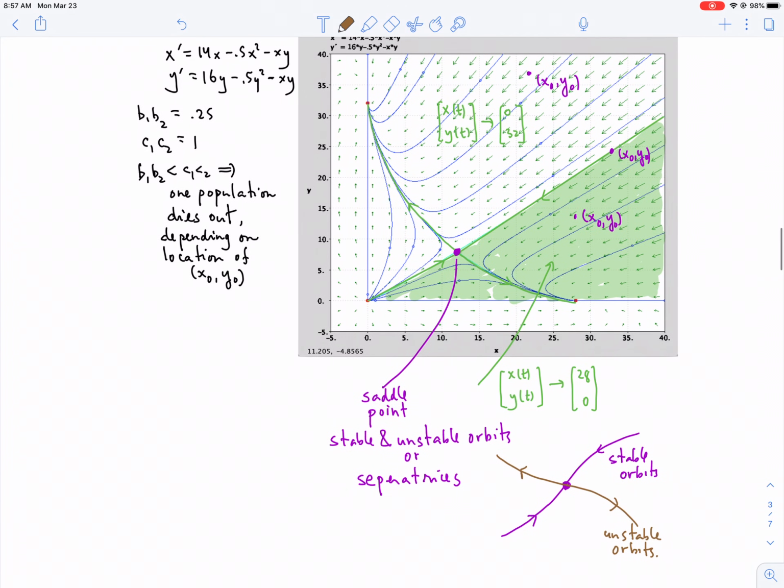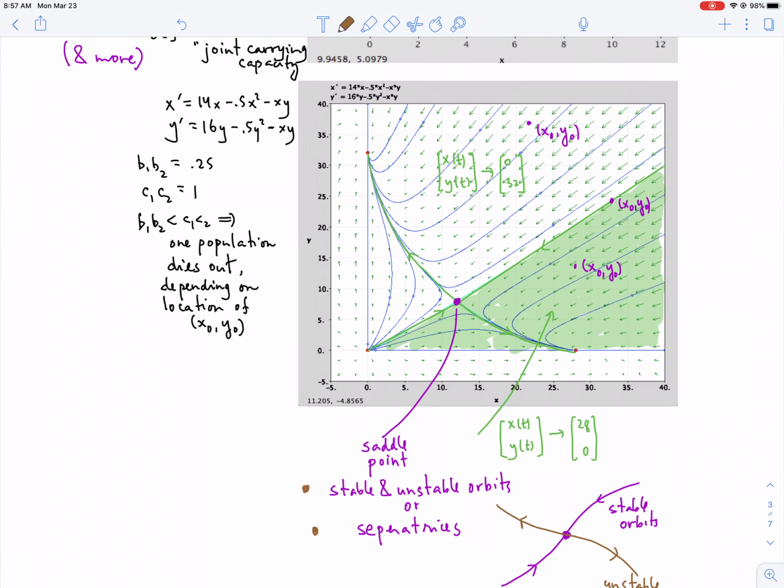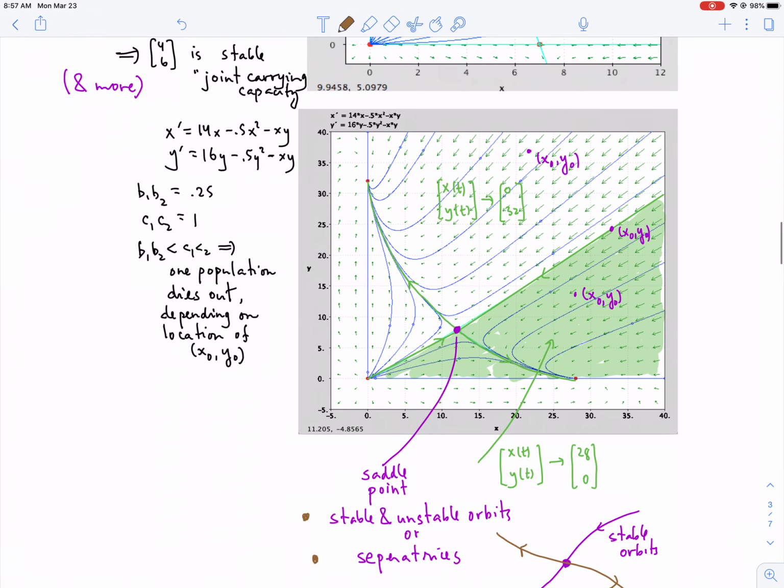Okay, so that's the reason for the word stable and unstable orbits. And one of the reasons for the word separatrices is what we see here in this problem, because usually if you have regions where the limit behavior is different in two regions, then their boundary will typically be something which separates. Okay.